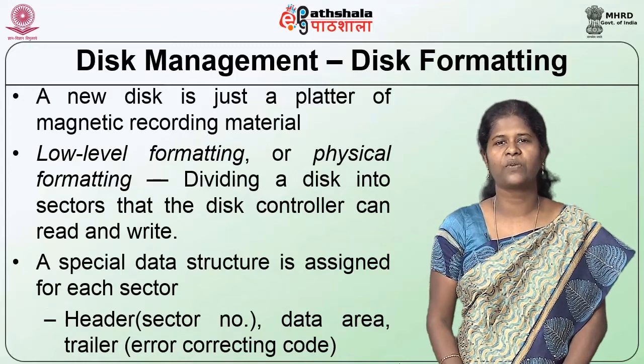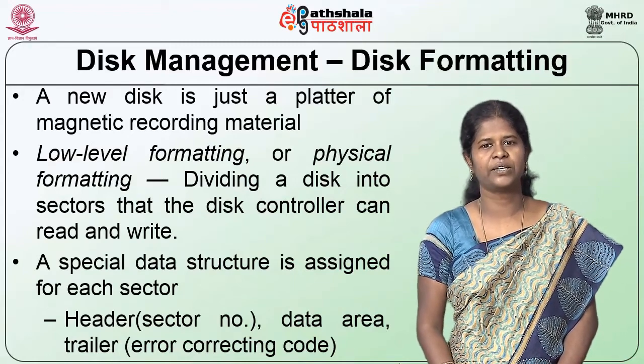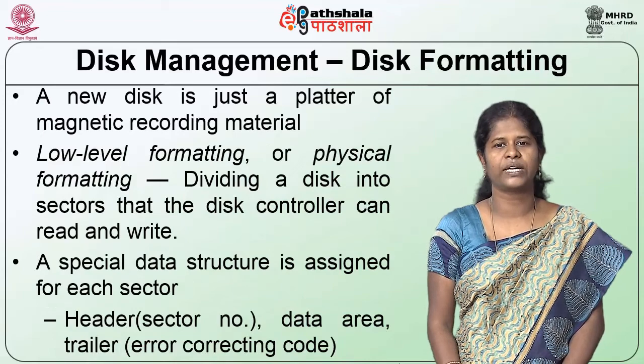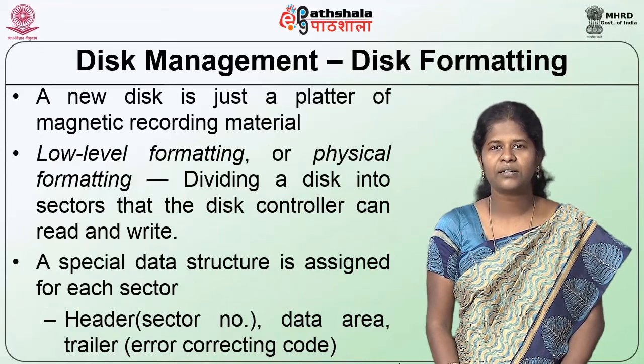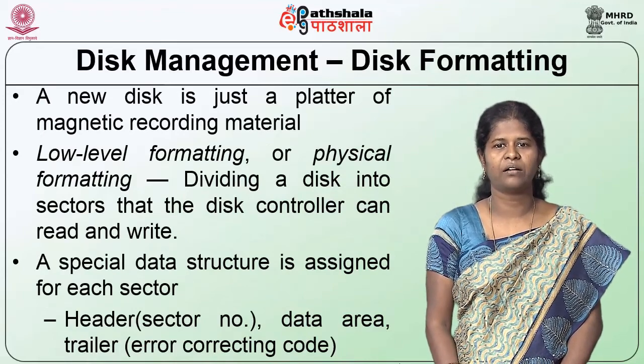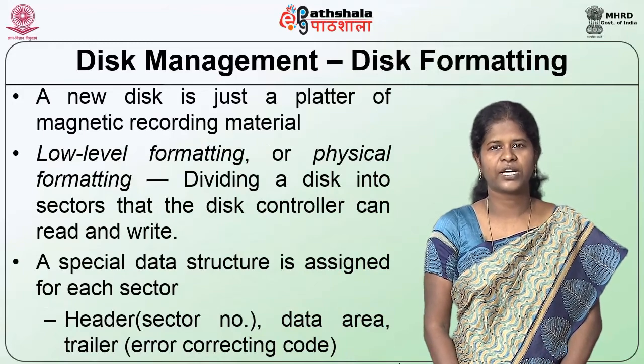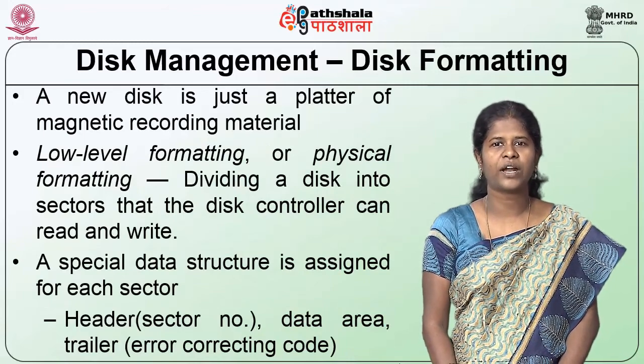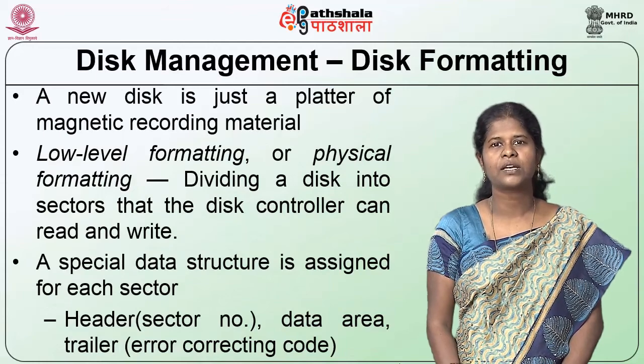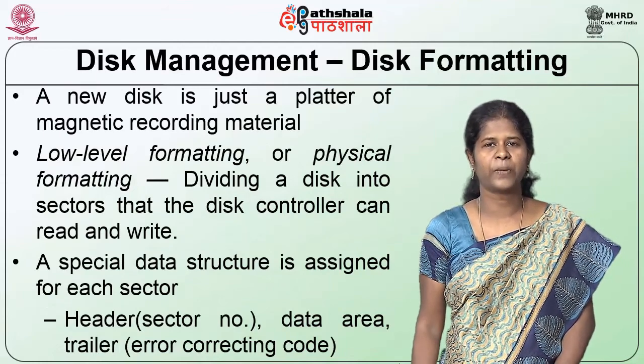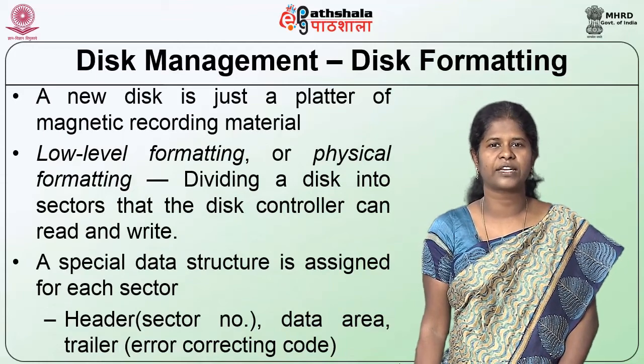When the disk is divided into sectors, a special data structure is assigned for each sector. The sector has a header, a data area and a trailer, and the header has a sector number written into it, and the trailer has space for accommodating an error correcting code.